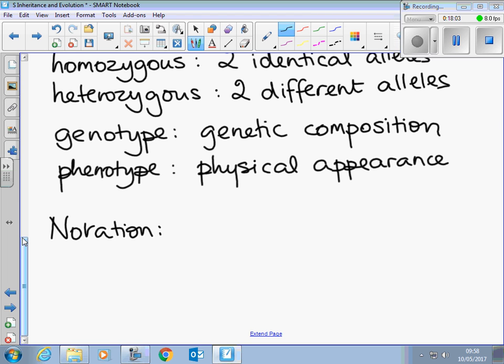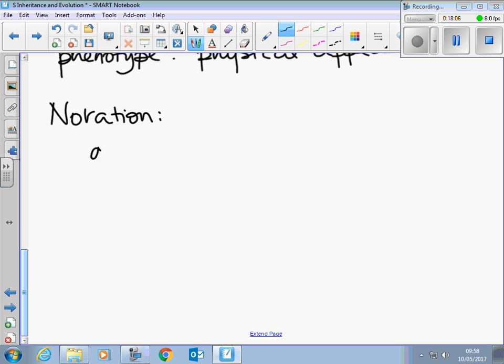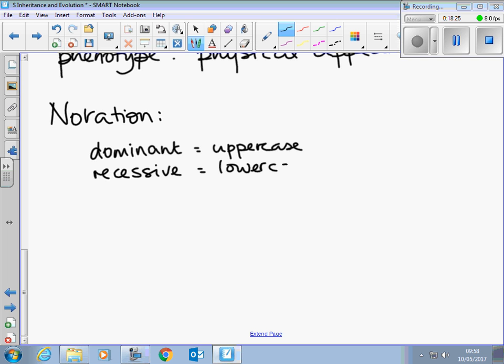All right. So you've got dominant is the uppercase or capital, or we end up saying big, and recessive is the lowercase. So, for example, if we take that eye colour example, which is appalling, and I will go through the P's thing with you in a bit.